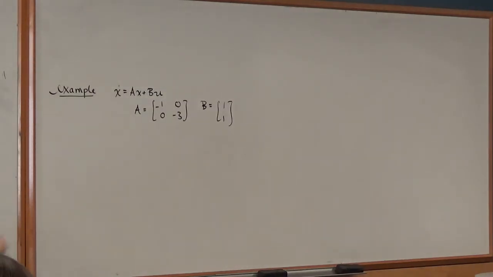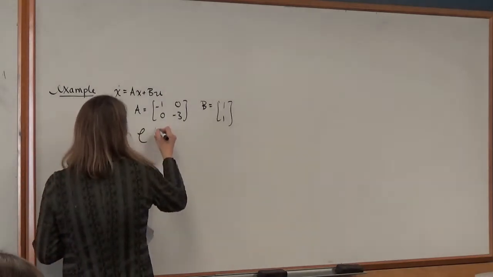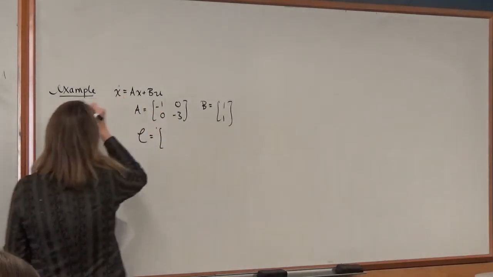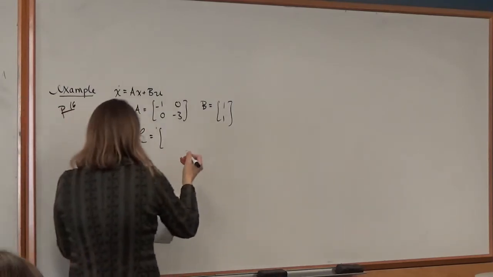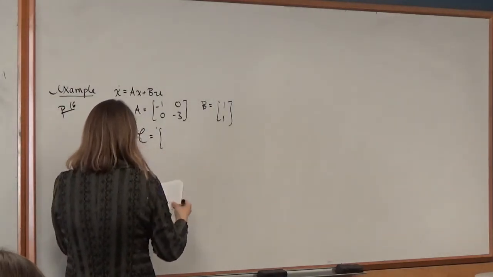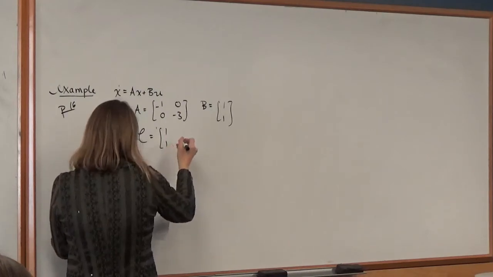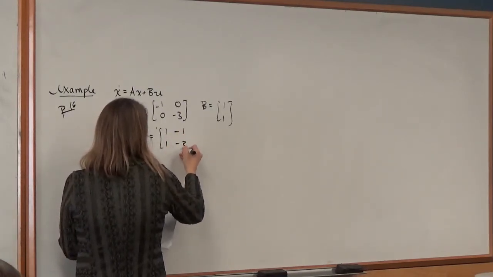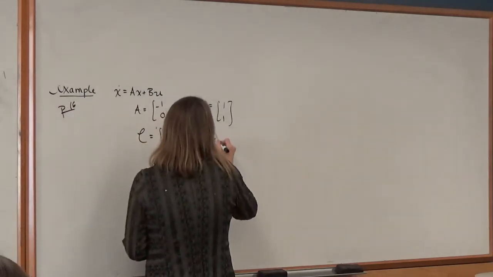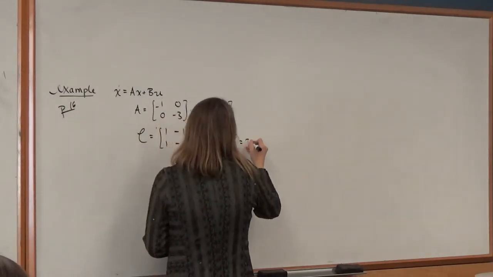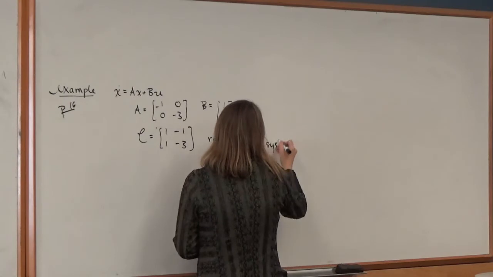Let's just check. So this is page 16 of lecture notes 20. The controllability matrix is B, AB, so that's [1, 1] and [-1, -3]. So you see that the rank of C is equal to 2. Therefore, the system is controllable.